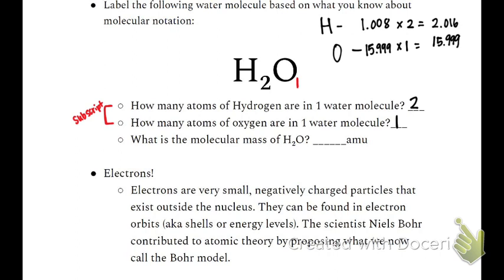Yep, and then we need to add these up to find the total mass for this compound or molecule. 18.015, and then remember the unit for mass, AMU, stands for atomic mass unit. Okay? So you count up all the parts you've got and put them together for that.